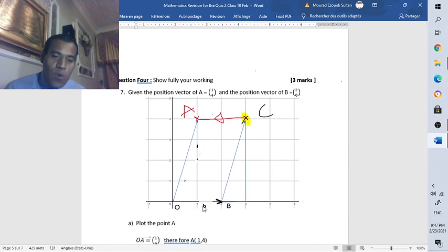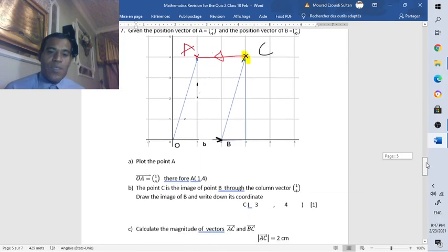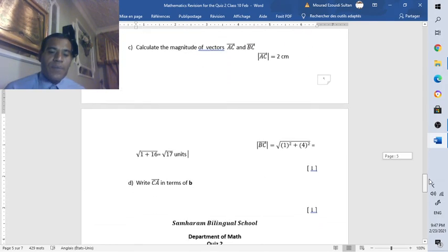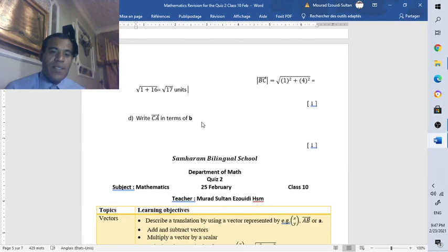So if OB equals b, which is also equal to AC, then CA equals minus b, which is 2 units in the opposite direction.